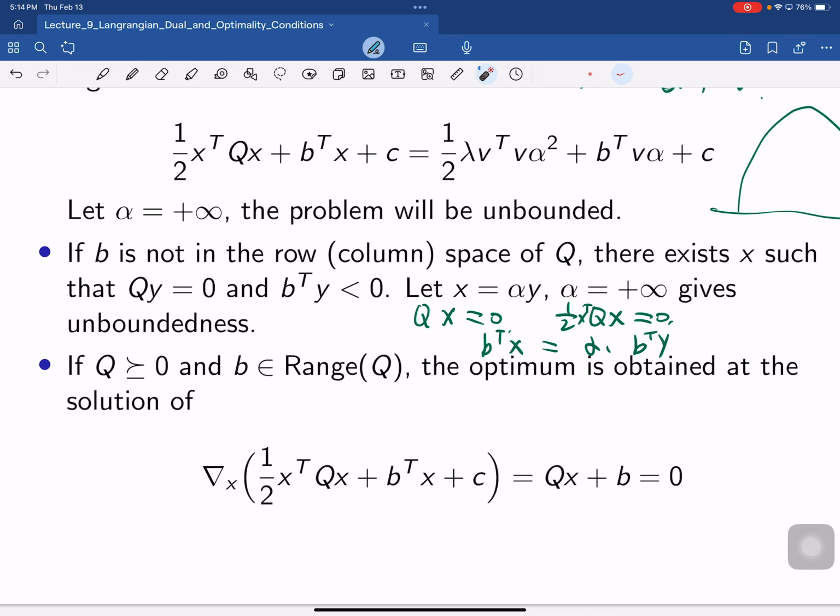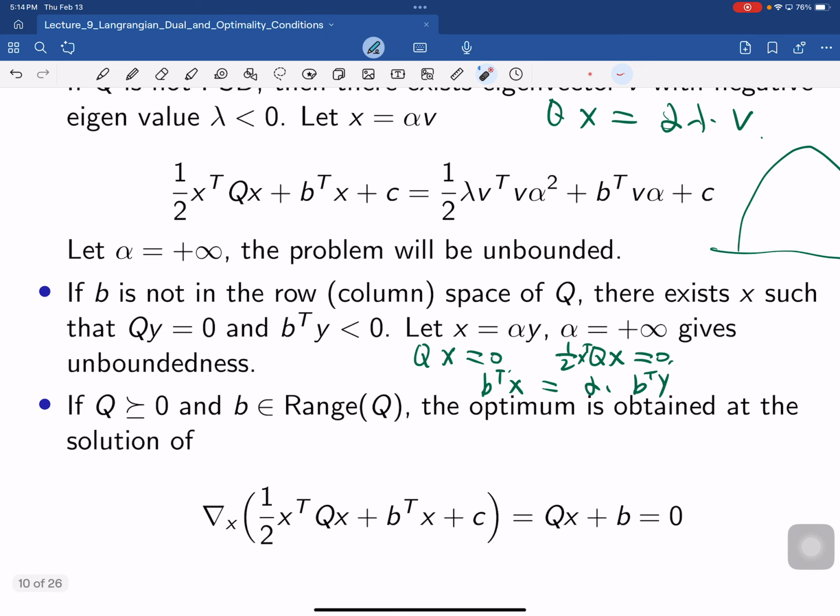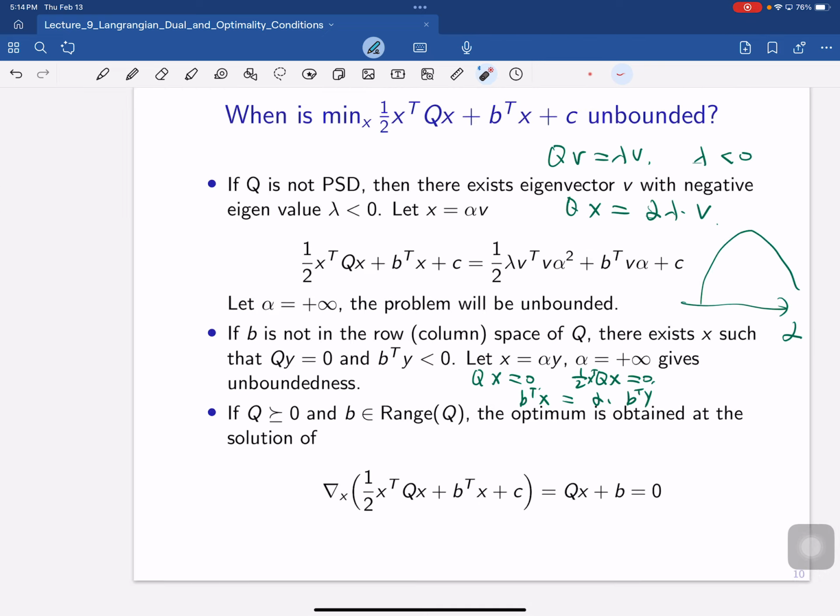This linear equation has a solution if and only if b is in the column space of Q. If this equation doesn't have a solution, it means that b is not totally in the column space of Q; b has some part in the null space of Q. That falls into the case where you can show there exists a vector that will drive the problem to minus infinity. So that's consistent with what we talked about before.